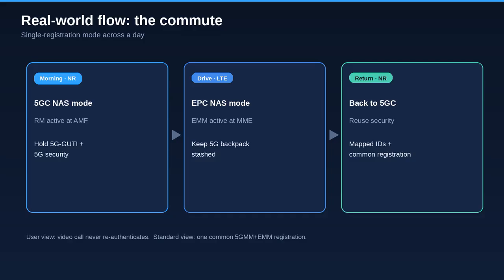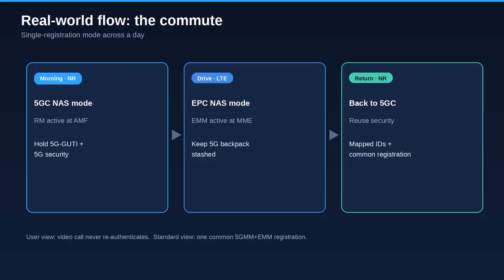You drive toward the suburbs. Coverage flips to E-UTRAN, tied to EPC. The phone maps identities, moves into EPC NAS mode, and now the active mobility management state is EMM at the MME. Critically, it still keeps the native 5G GUTI and 5G security context stashed for later.